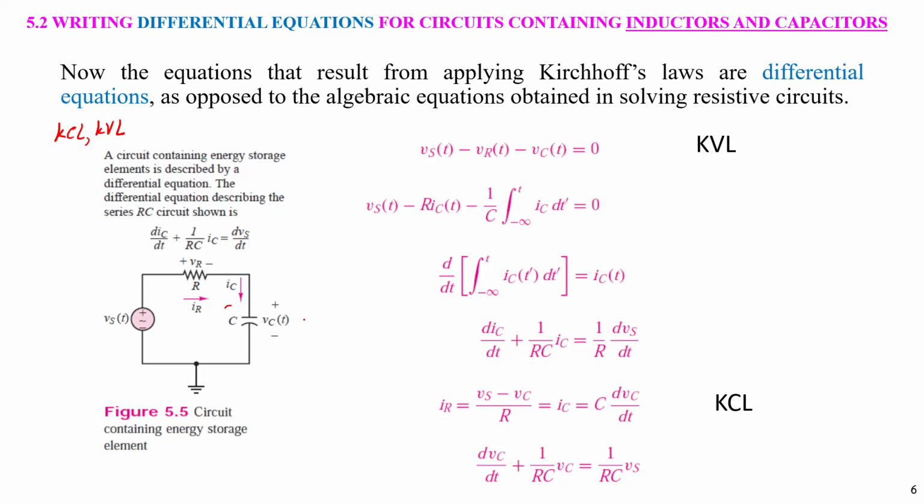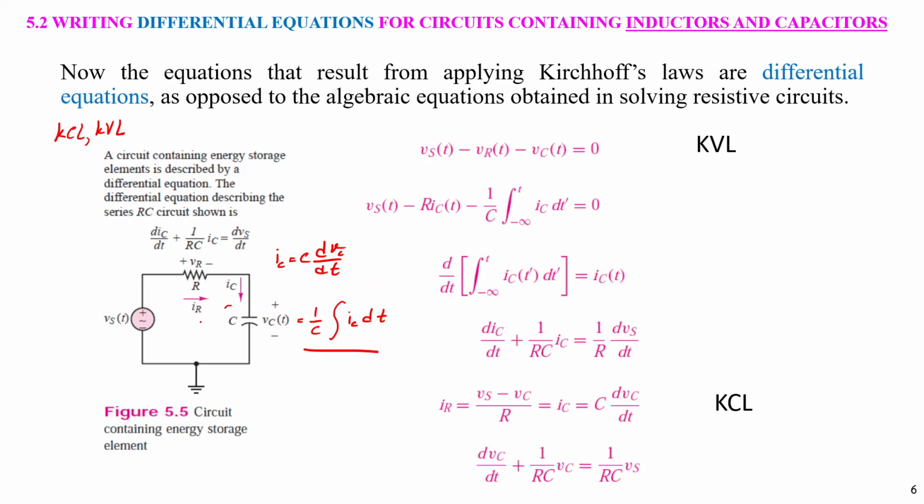Since IC is C dVC by dt, therefore VC is 1 by C integral of IC dt, right? Just like this.